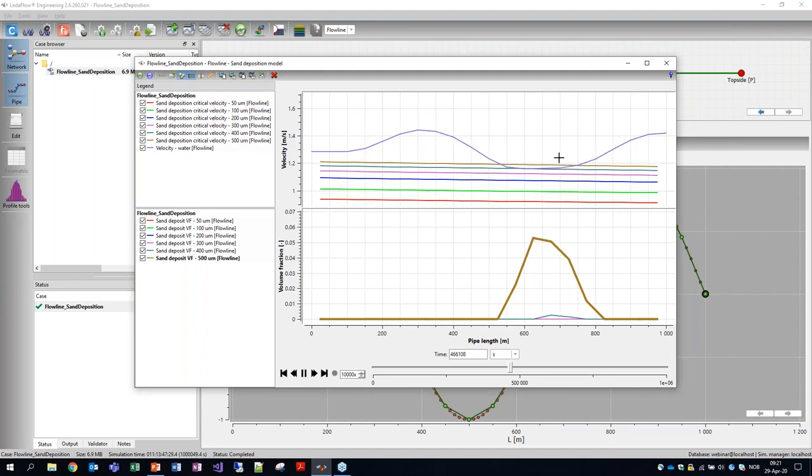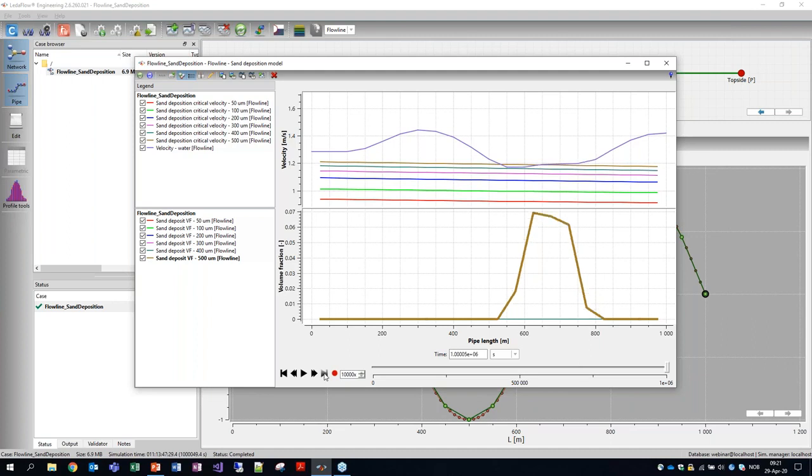So essentially, we've constricted the flow in the pipe to a certain degree, and that will determine how much sand can accumulate at equilibrium. In the end, you can see that only the biggest sand particle size will remain in the pipe, and the velocities will be approximately equal between the critical velocity and the water velocity.